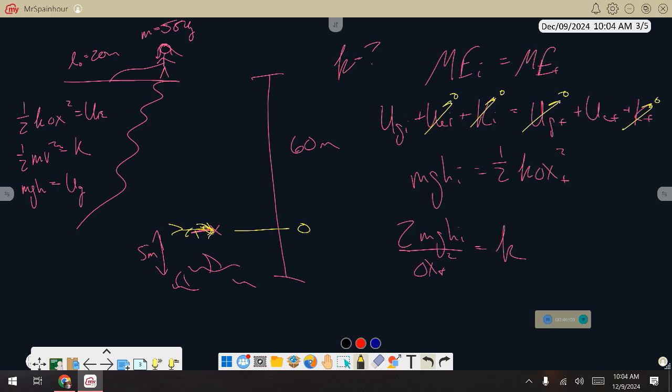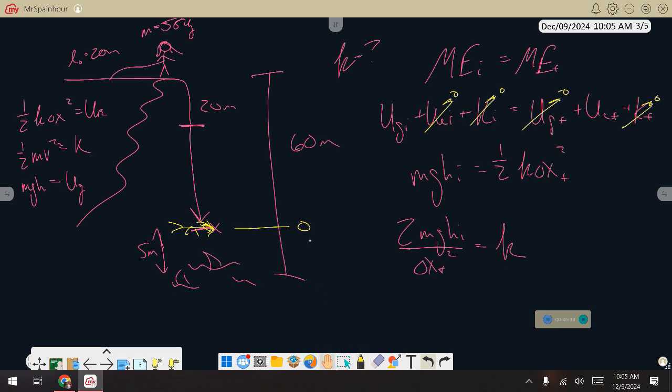How far does the person go in total? 55. However, is it stretched the entire time? No, it's not going to be stretched for the first 20 meters. The stretch is going to occur once we've gone 20 meters. So from here to here, that is 55 minus 20, or 35.